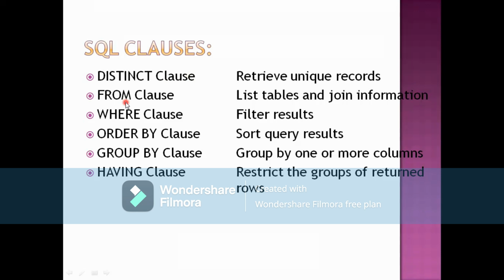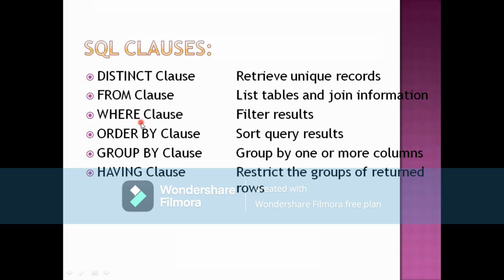Okay. Next one is the where clause. For example, if we query the employees table, that is, select star from employees, we will get the employees data. But we need only the employees whose last name is Mahesh. At that time, we use the where clause. That means we can apply a filter condition by using the where clause.